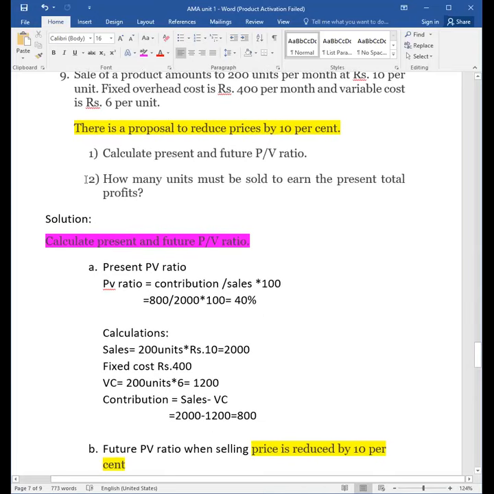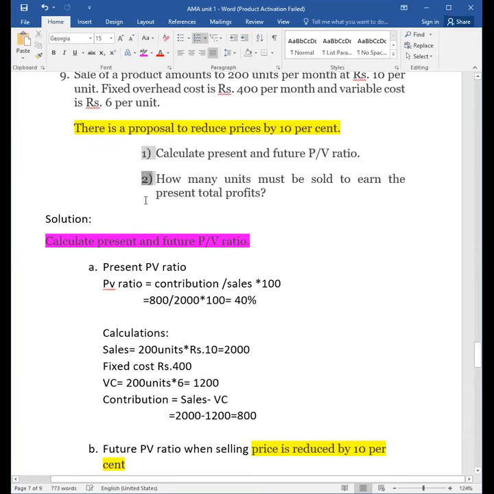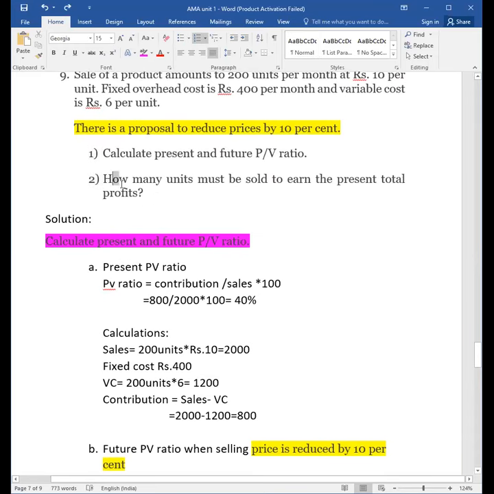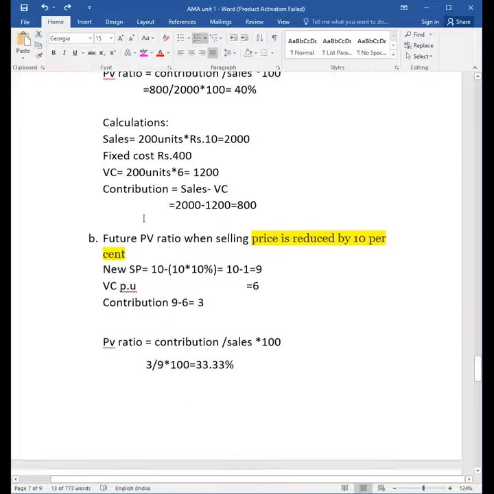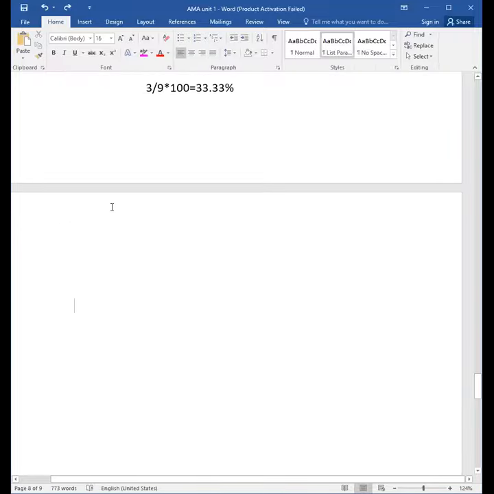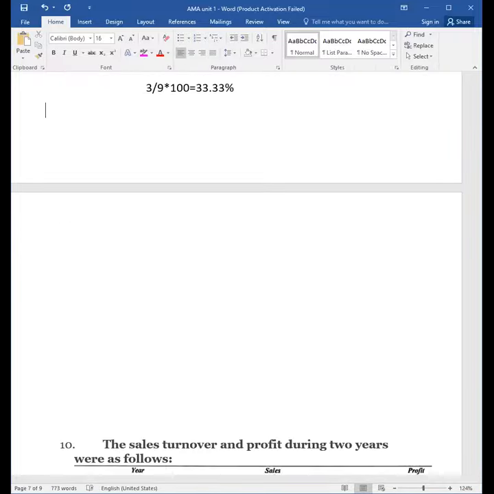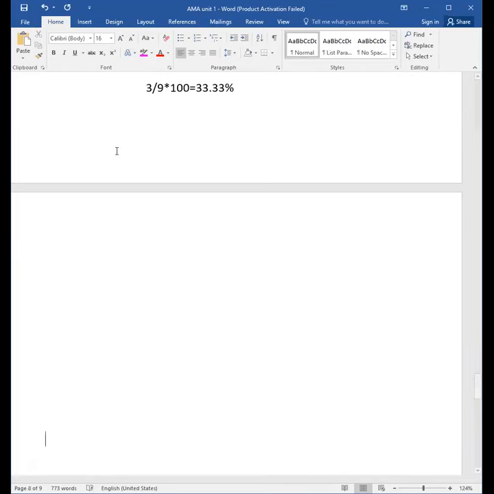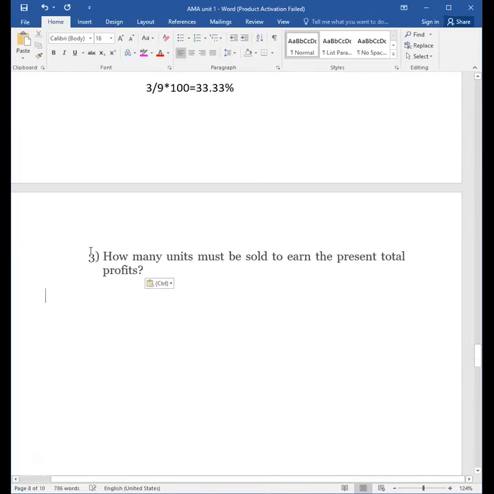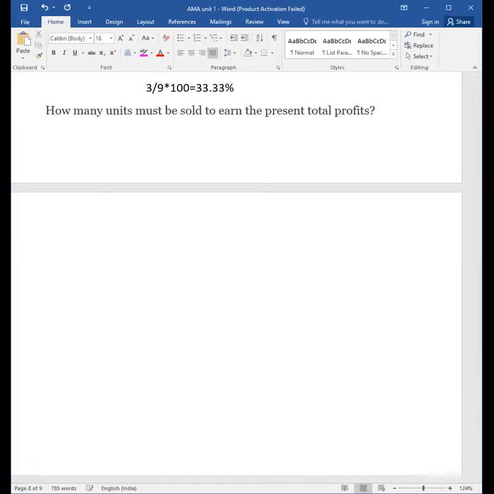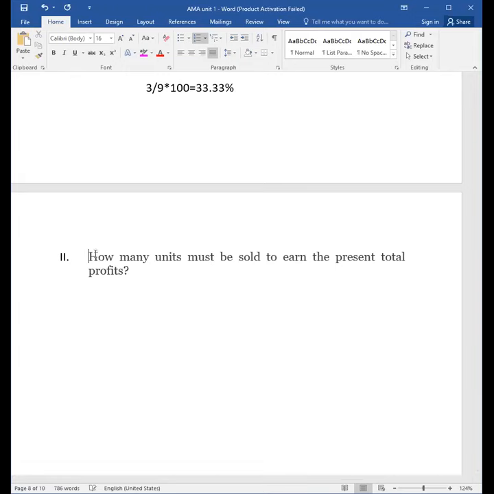Now, how many units must be sold to earn the current profit? So this is the second part of the question: how many units must be sold to earn the present total profit? So first we need to calculate the present profit.